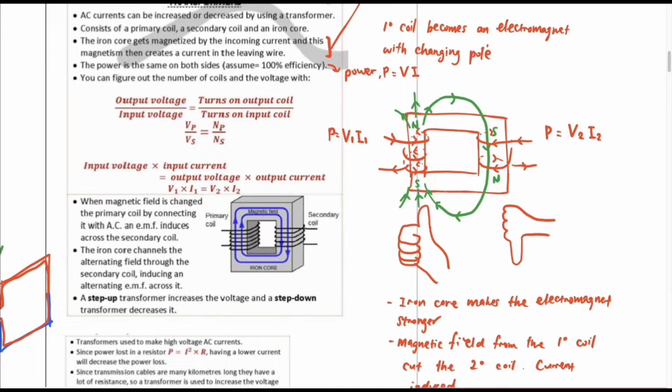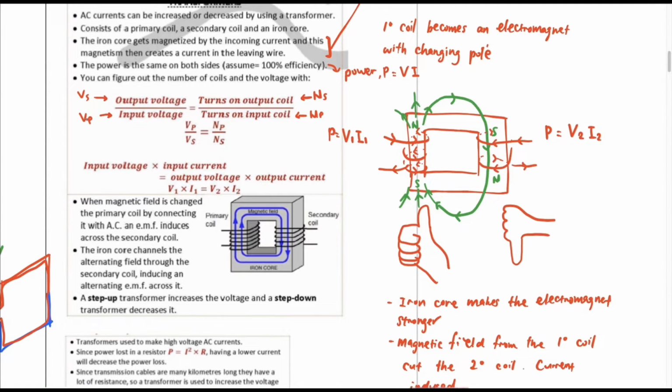Input coil is primary coil, NP. Output coil is secondary, the right-hand side. They use 1 and 2, but 1 and 2 or S and P is just fine. Input voltage is VP, primary voltage, this is VS.